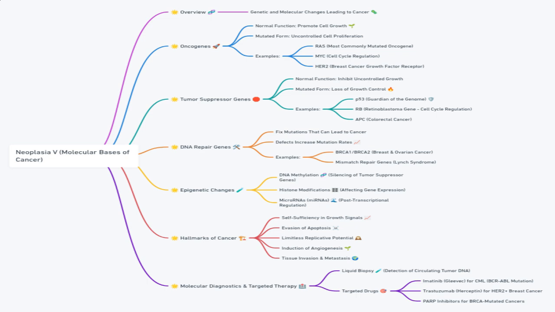DNA mismatch repair genes act as proofreaders during replication, for example in HNPCC syndrome. And nucleotide excision repair genes repair pyrimidine residues that are cross-linked by UV light, for example in xeroderma pigmentosum.